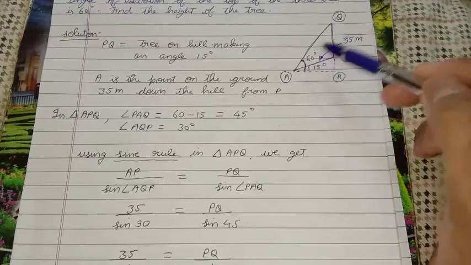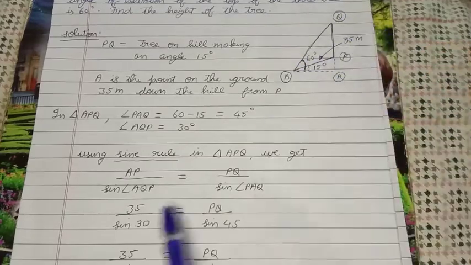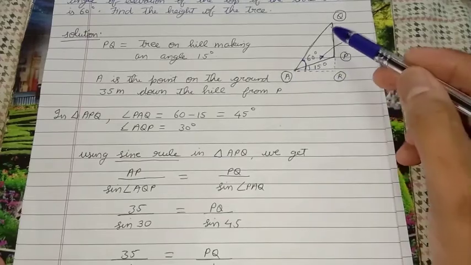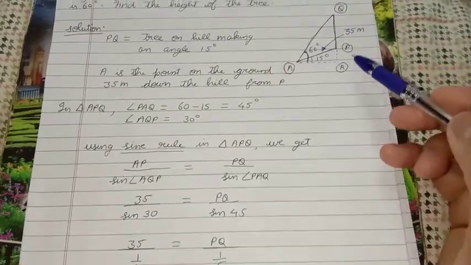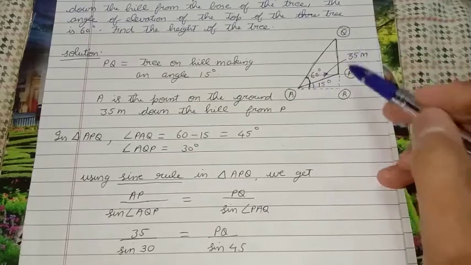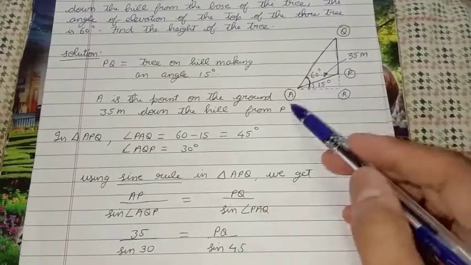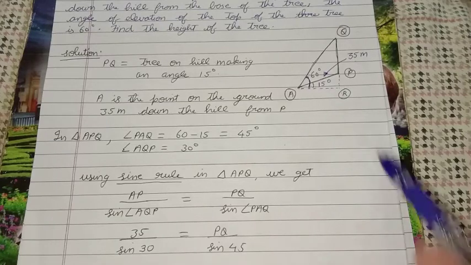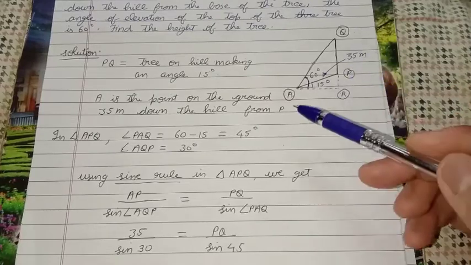So see here AP, now where is AP? This side. So AP divided by sine of AQP is equal to PQ. Now where is PQ? This is PQ. PQ divided by sine of PAQ. Hope you are getting it. And it's very simple, you can use these names or other names also. Just remember side divided by the opposite angle, simple.